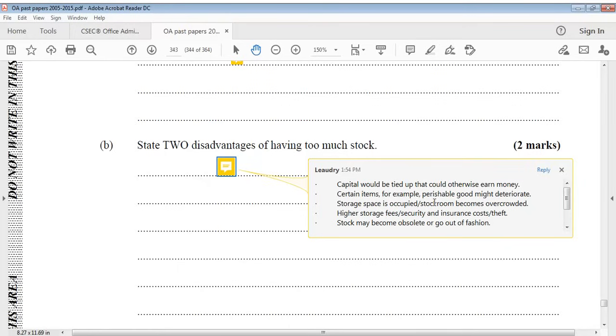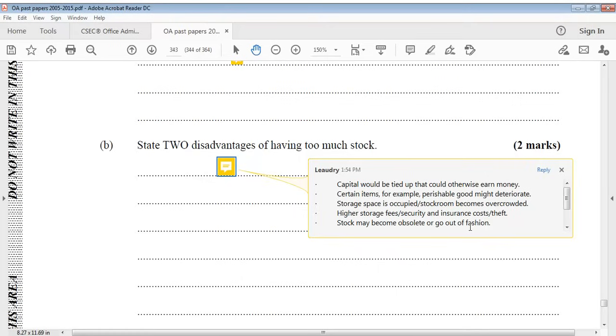Certain items, for example, perishable goods, might deteriorate. 3. Storage space is occupied or the stockroom becomes overcrowded. 4. Higher storage fees or security and insurance costs or theft.